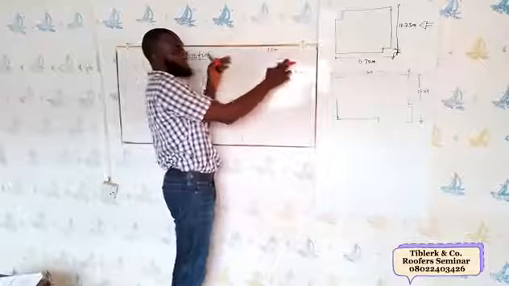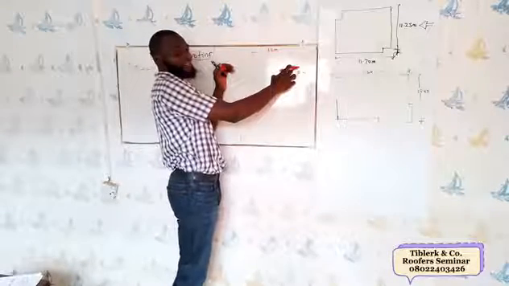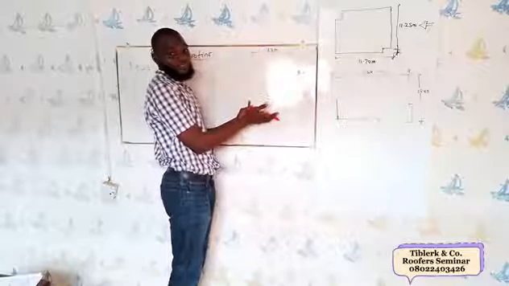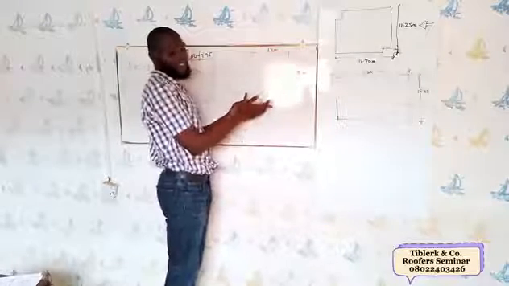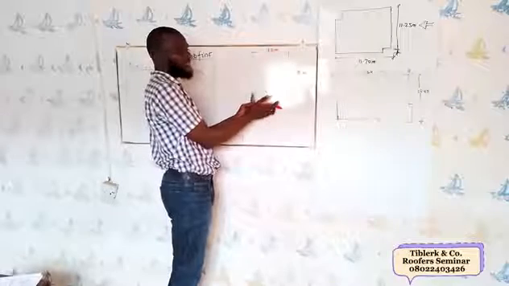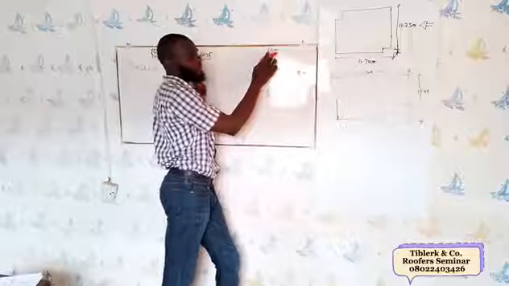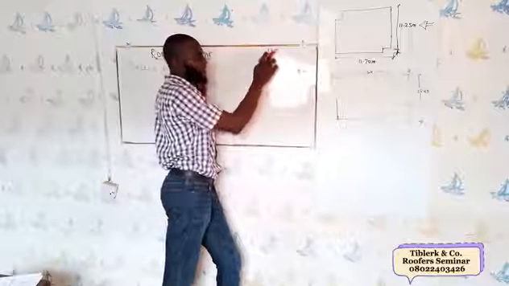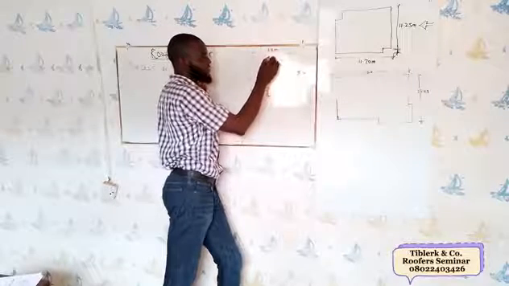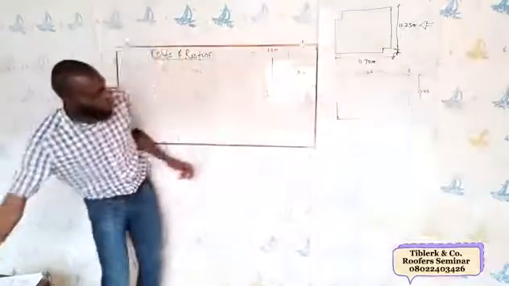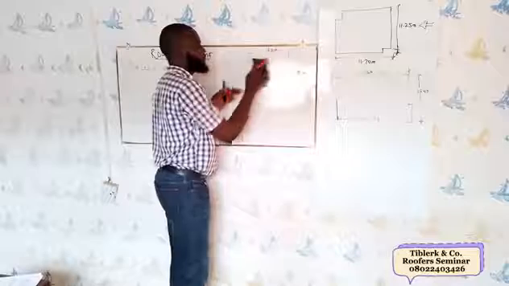But the roof, we cannot start our roof from this side. It has to be from the front side. So if this is 12, it means our run will be 6, half of this 12.